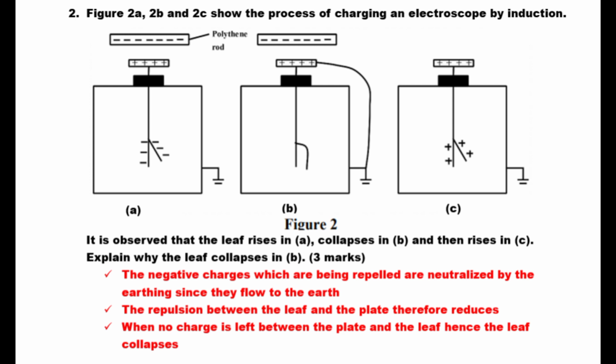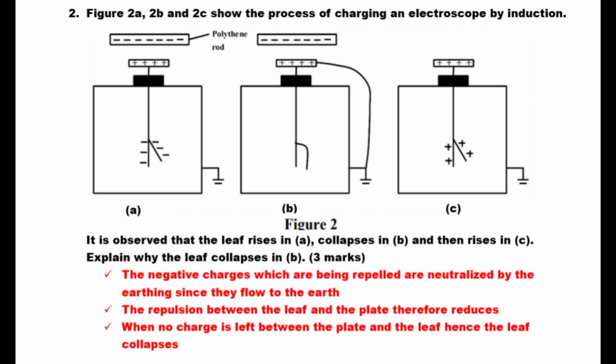It is observed that the leaf rises in A, collapses in B, and then rises in C. Explain why the leaf collapses in B.